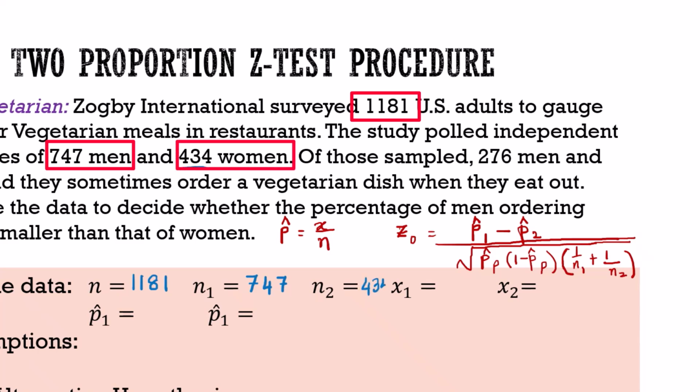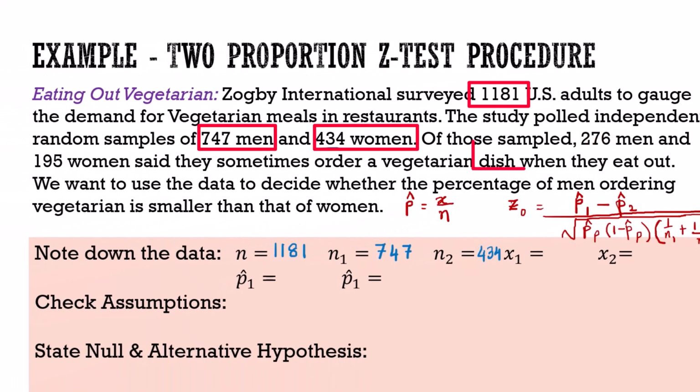Now X sub 1 is the number of men that responded with a yes. What is that value? Of those sampled, 276 men said they order a vegetarian dish. So that's going to be X sub 1, 276. X sub 2 is the number of women that responded saying they order a vegetarian dish.